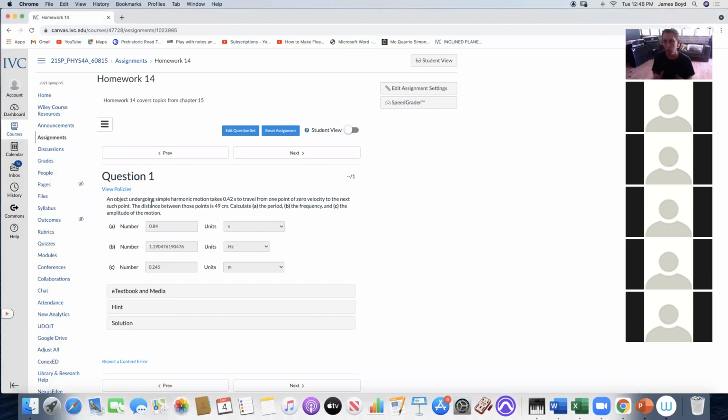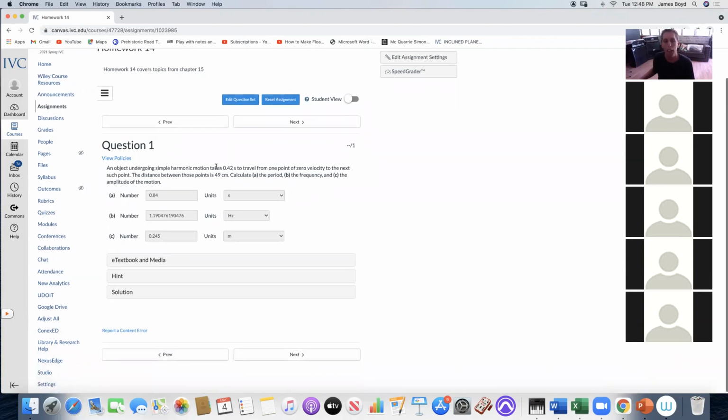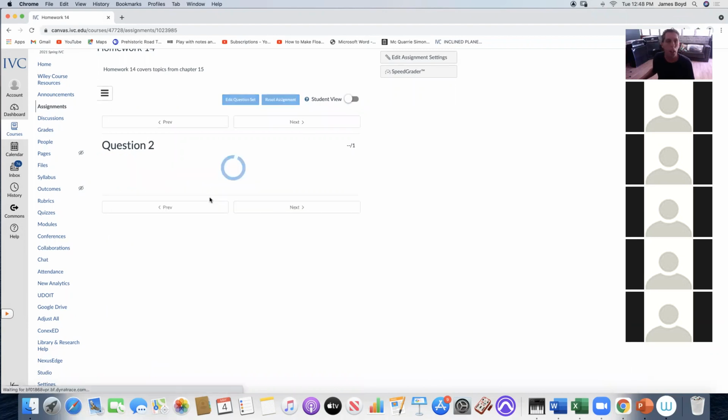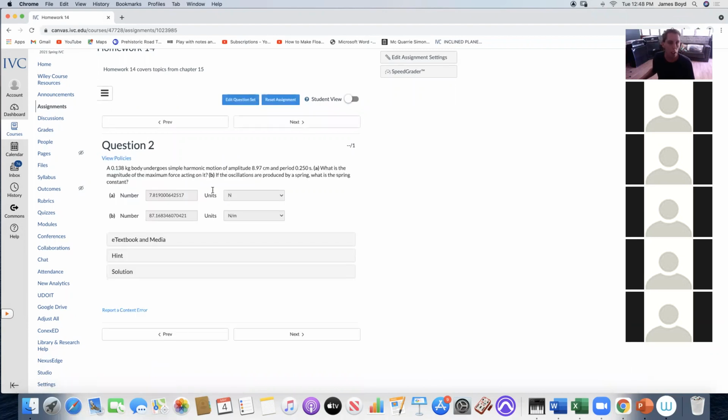And then the amplitude is how far from the 0 point it travels. And we'll talk more about that next week. But the amplitude would be half of this 49 centimeters. The amplitude is that x naught.